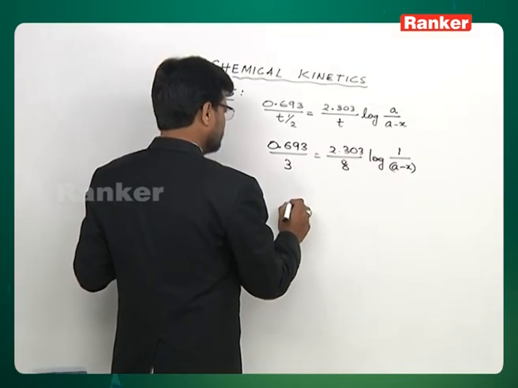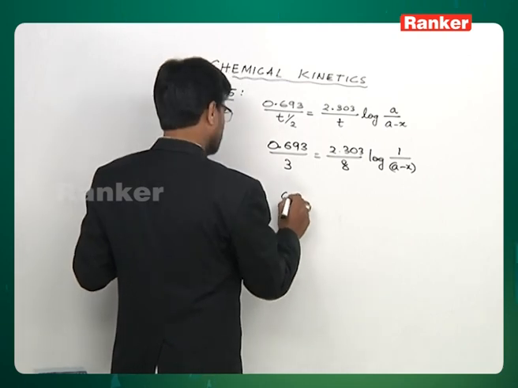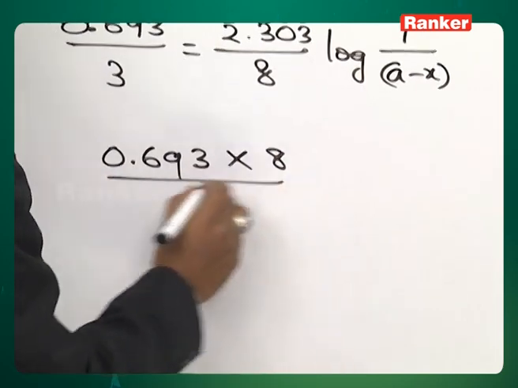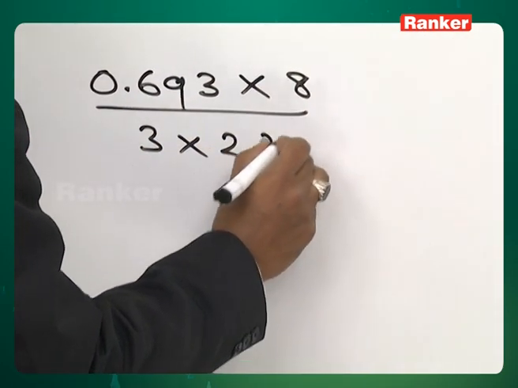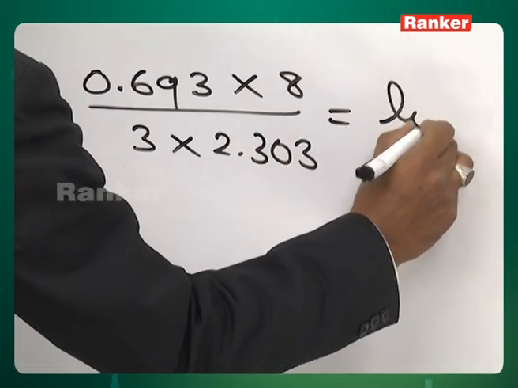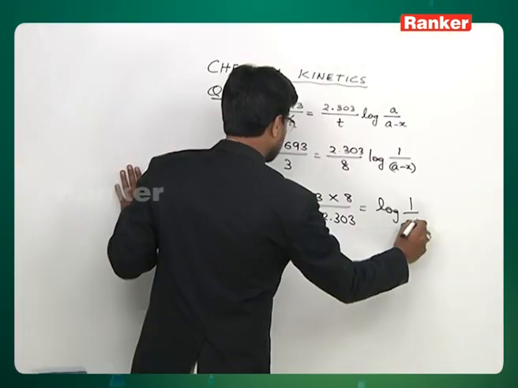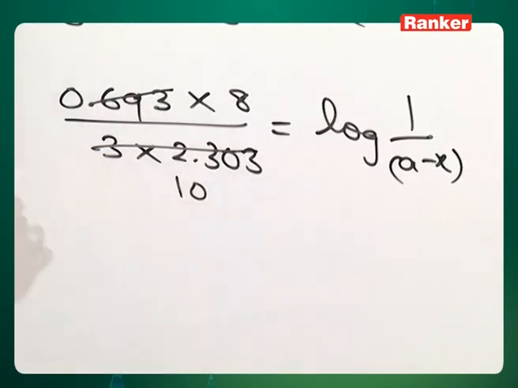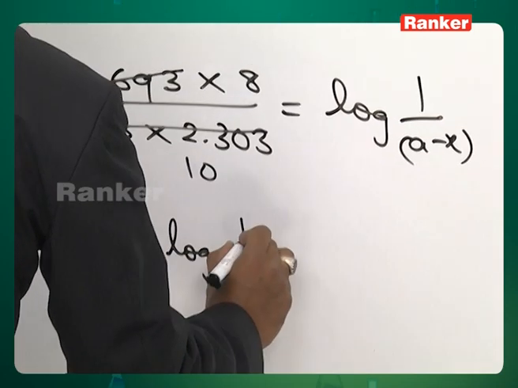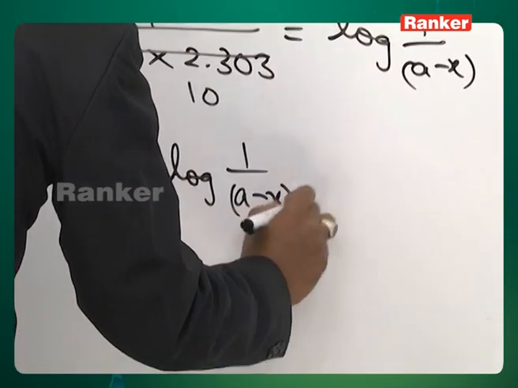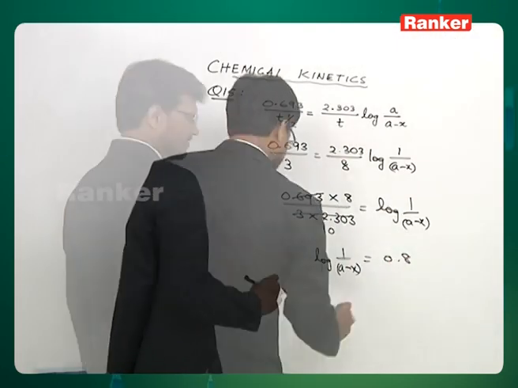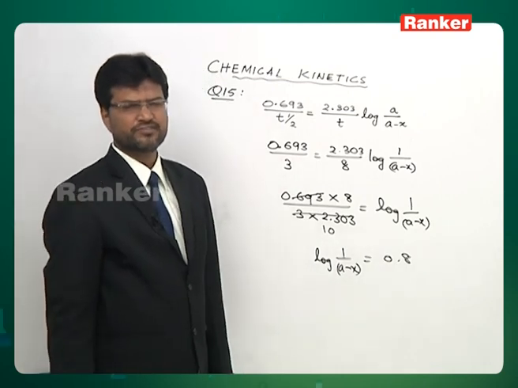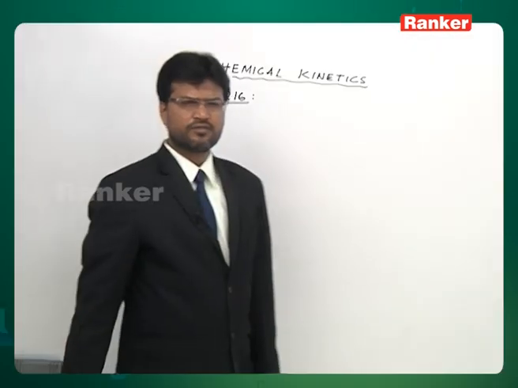Now you can rearrange this: 0.693 × 8 / (3 × 2.303) is equal to log 1 / (a - x). This gives log 1 / (a - x) equal to 0.8. You need to take the antilog of this, that comes to 0.1576. Answer is second option.